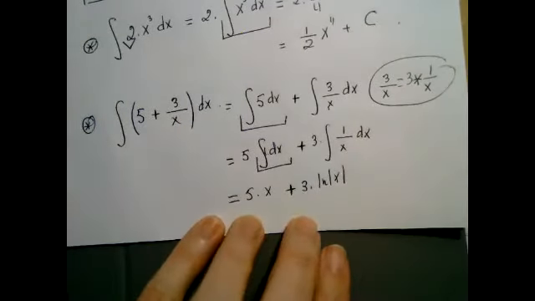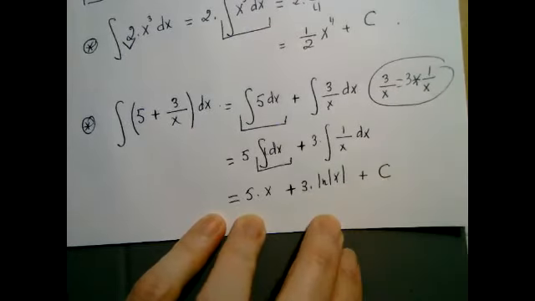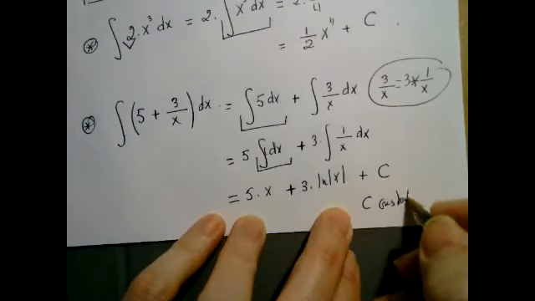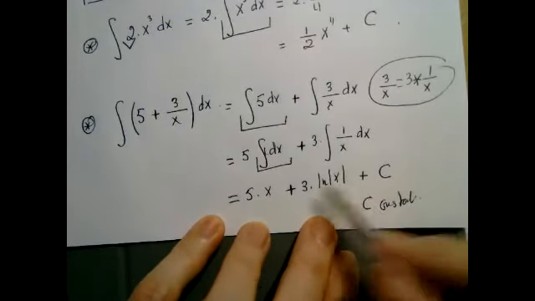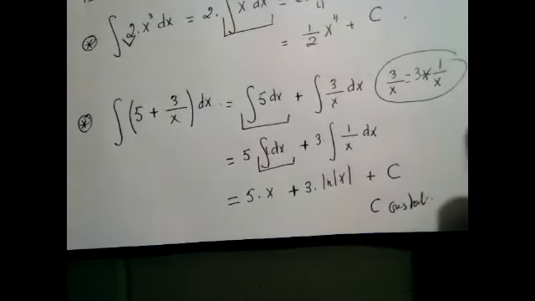Now I don't add a constant every time. I just, at the end, say plus a certain constant c, where c, I remind you, is a constant. It means it does not depend on x. That's what it means. I will do 2 more.